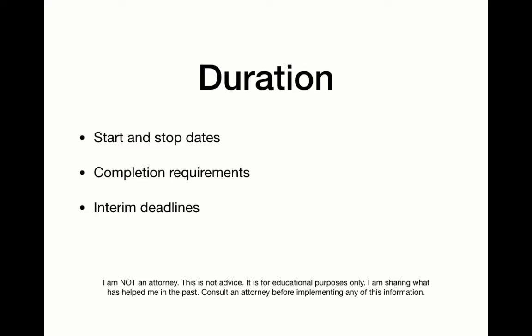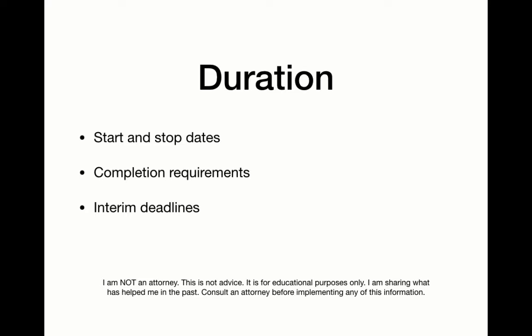For example, I'll use the example I gave in the previous slide. If you're building a website for a client, it'll go until the website's built and until both parties are happy with it according to the terms of the contract. If there are interim deadlines, for example, in my line of work, we do lead gen and lead follow-up and automation systems. We might say, if we're doing the whole kit and caboodle for them, we're doing all the work, we're not just letting them use the software, maybe we have a week before we get all their phone numbers in and their campaigns built.